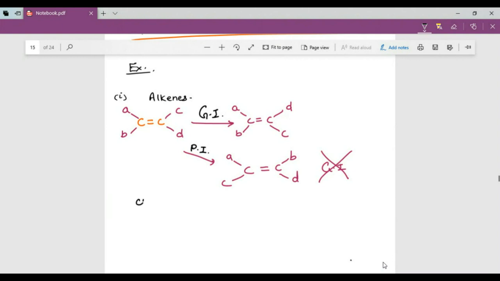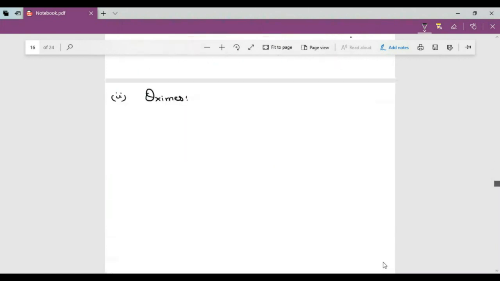Right? So example, a very basic example that you have been studying all along is cis 2-butene and trans 2-butene. Okay, this is a very common example in case of alkenes.